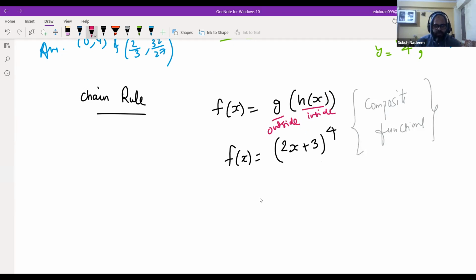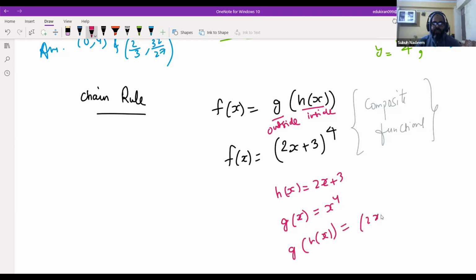In this function, h(x) is actually 2x plus 3 and g(x) is x to the power 4. So g of h(x) will be 2x plus 3 to the power 4.